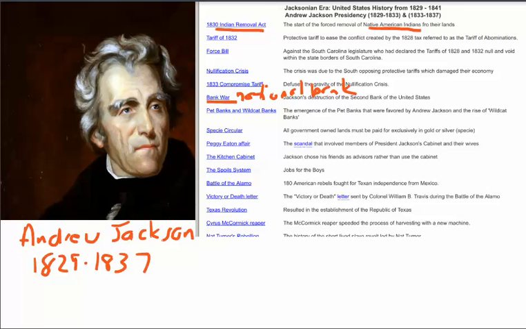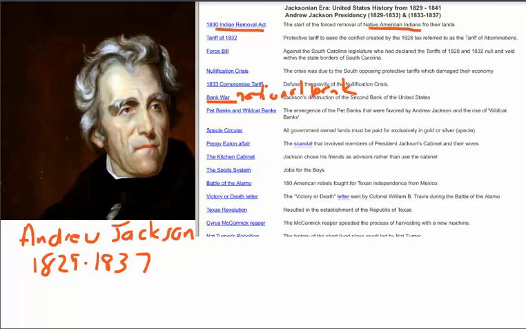Now, this turned out to be a fairly bad idea, because without a national banking system for the next 70 years, the banking system in this country was kind of a mess. State banks were insecure, and many of them closed, and people lost their money, and this damaged our economy. So most people would argue that Jackson went too far when he shut down the National Bank.